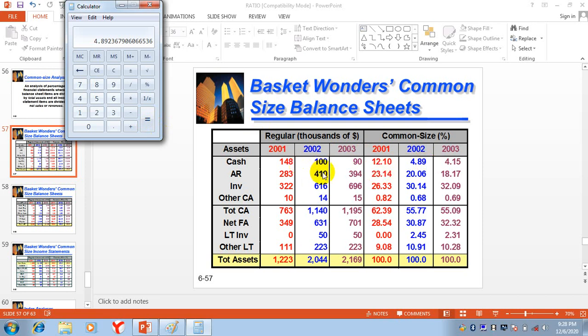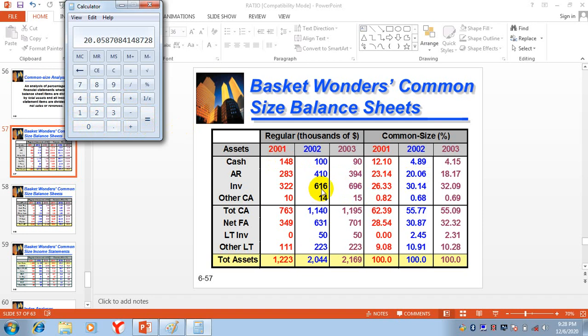Then the next item, 410, account receivable divided by total assets. 410 divided by 2044 multiplied by 100. So we got 20.06.